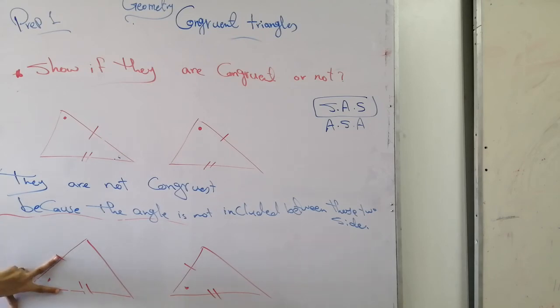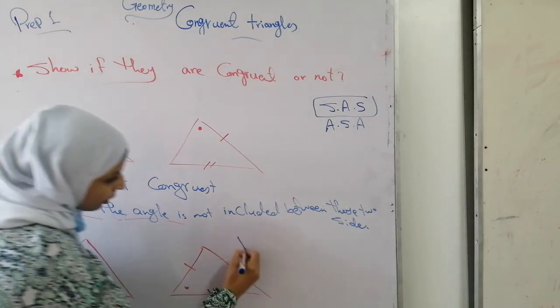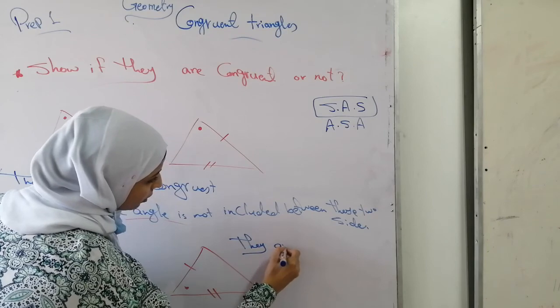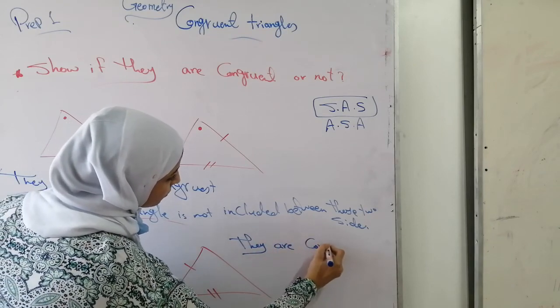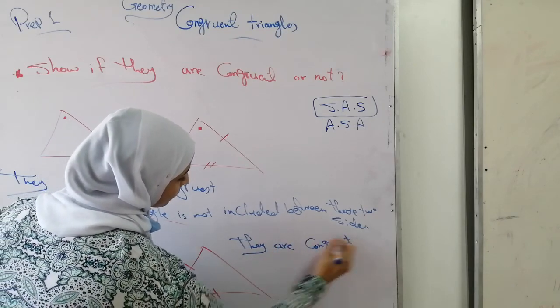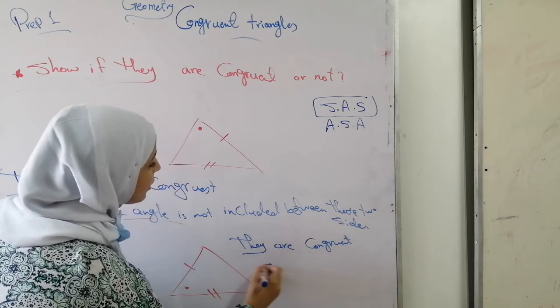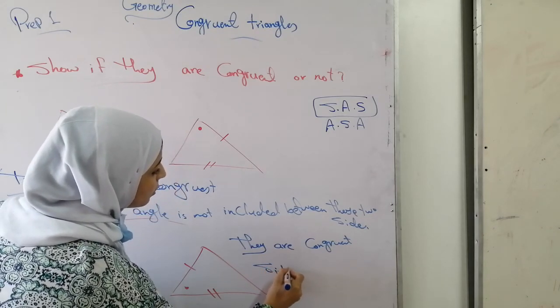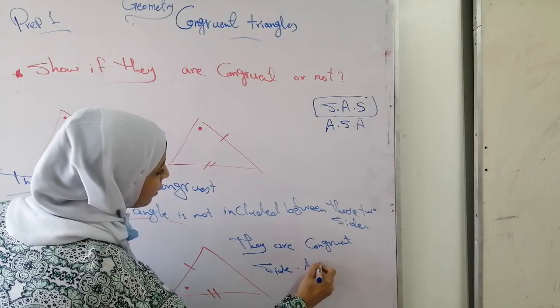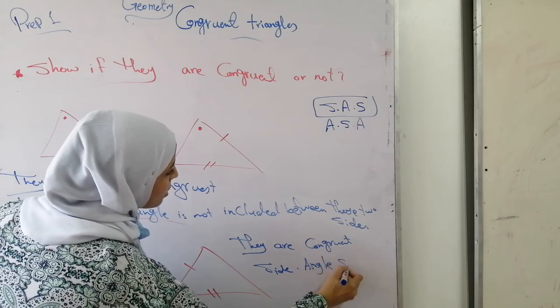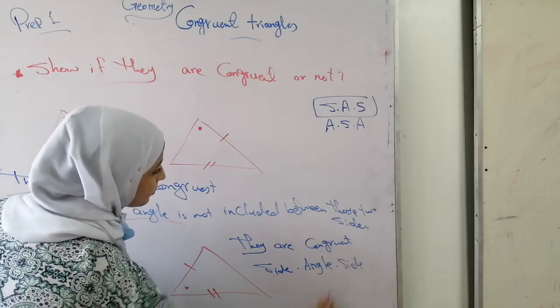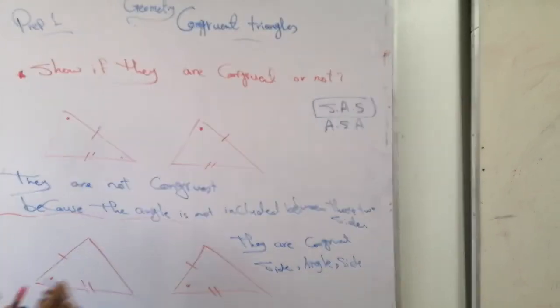So these two triangles are congruent. I can write that they are congruent. What is the case they satisfy? Side, angle, side. This is the case.